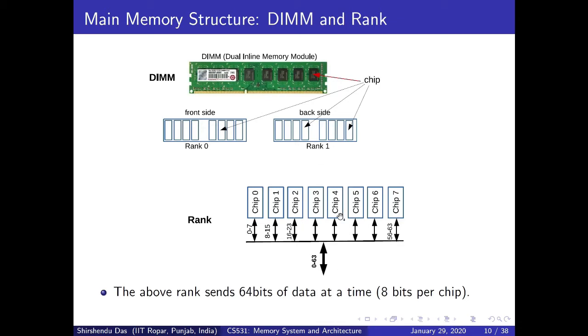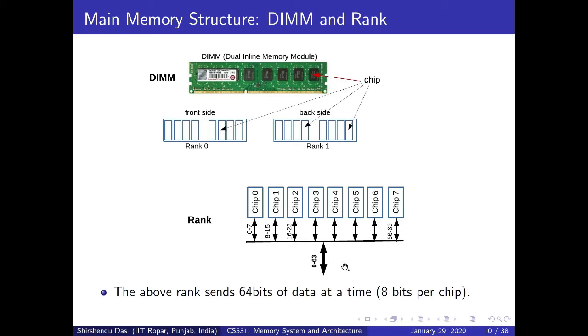This particular rank can send 64 bits of information at a time. But this 64 bits of information is not coming from a particular chip; it is equally coming from all these chips. 64 bits means 8 bytes. The first byte is coming from chip 0, the second byte from chip 1, the next byte from chip 2, and the last byte from chip 7.